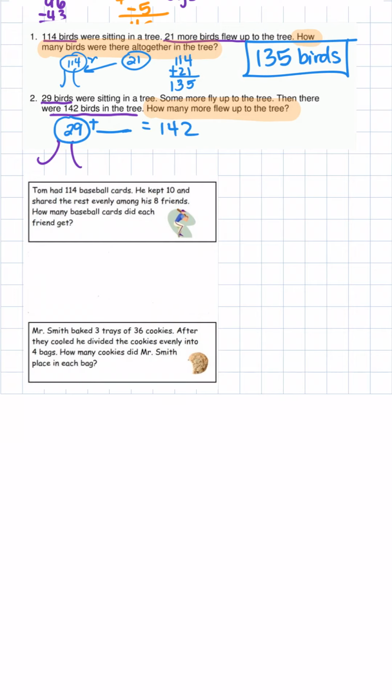So we could do this as B for birds and figure it out. If that's our equation, we want to subtract 29 from both sides. So then we're left with B equals 113. So how many more flew up to the tree? 113 birds. That must be a really big tree.